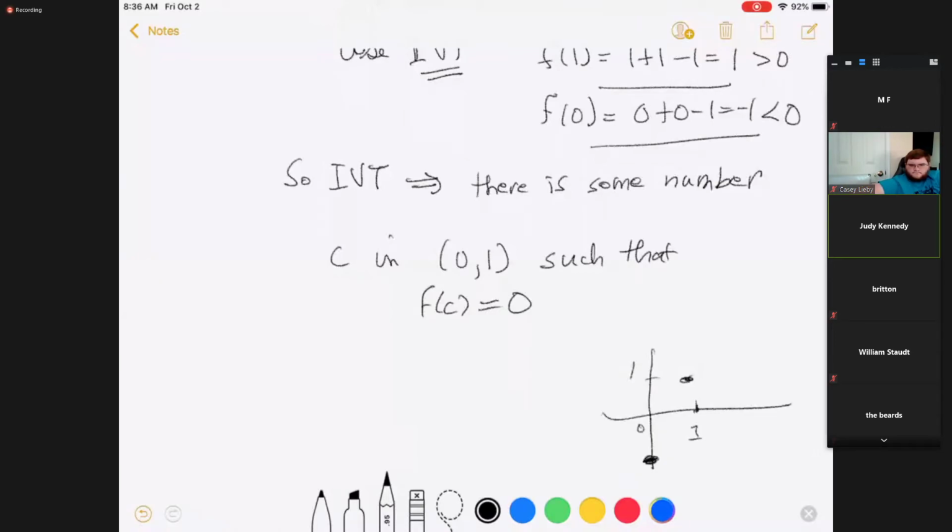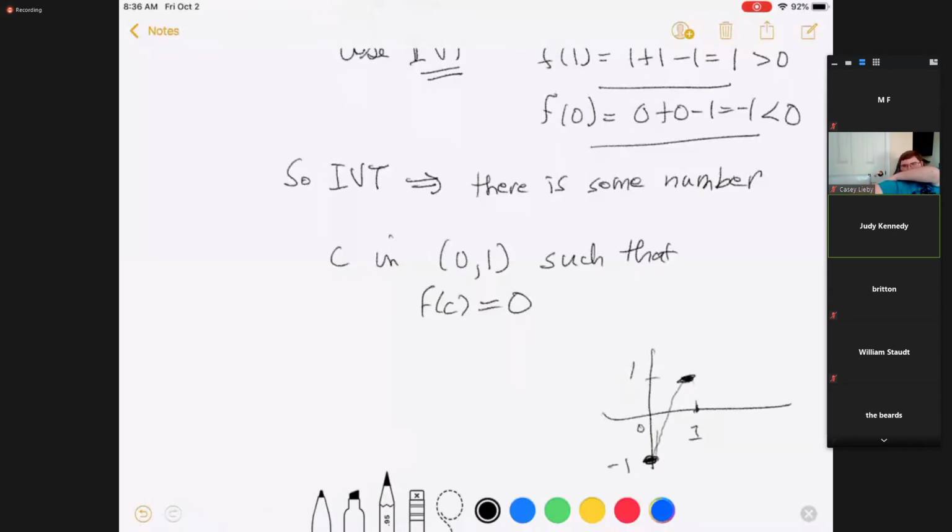So that point's on the graph, that point's on the graph. And the intermediate value theorem says that the graph has to go through 0 then. To get from minus 1 up to 1, it's got to pass through 0.